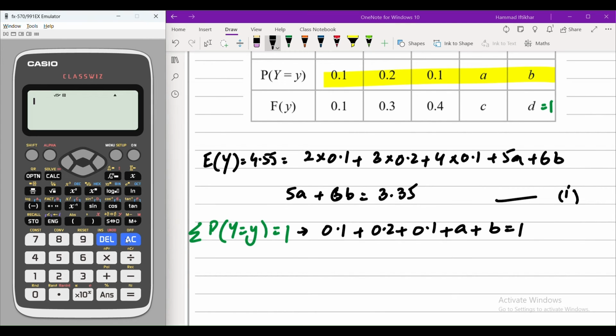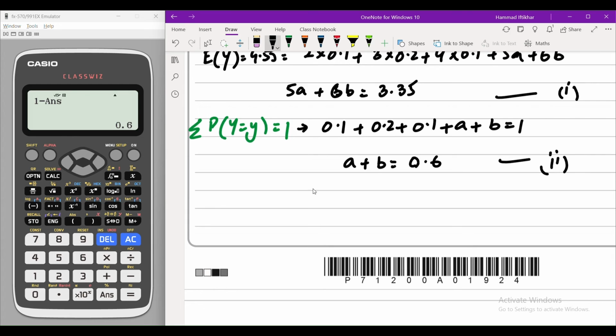So 1 minus that answer, so a plus b is equal to 0.6.